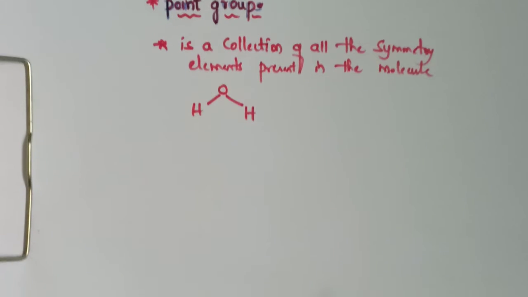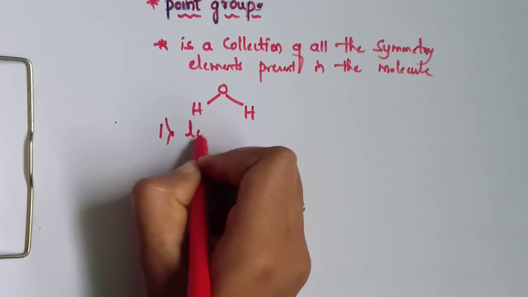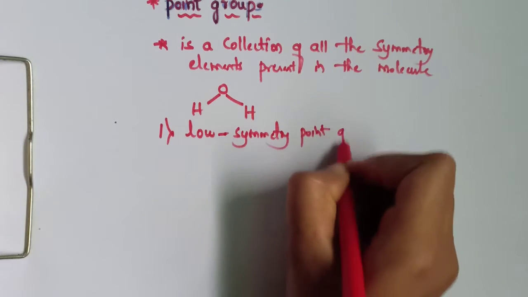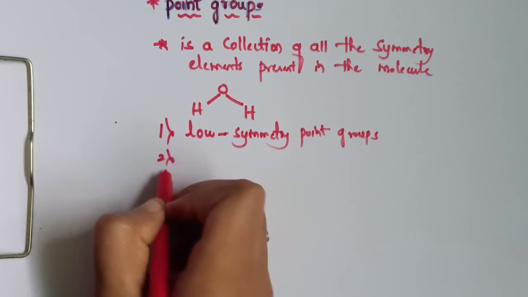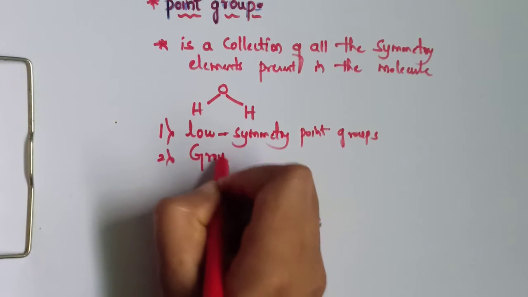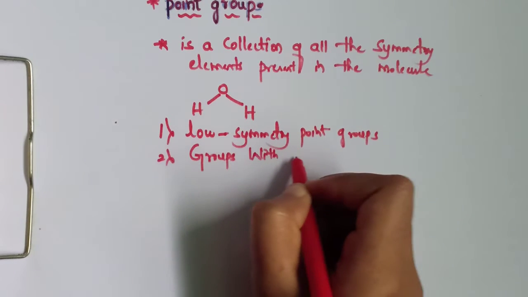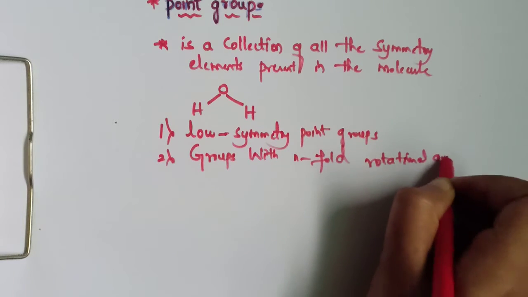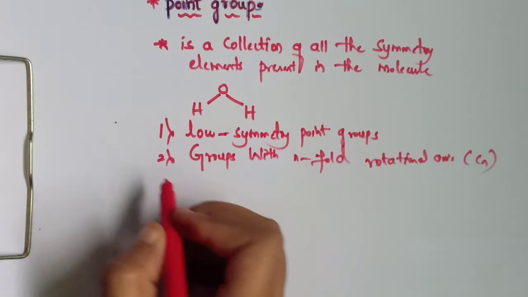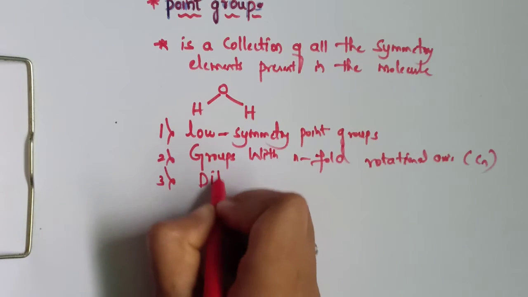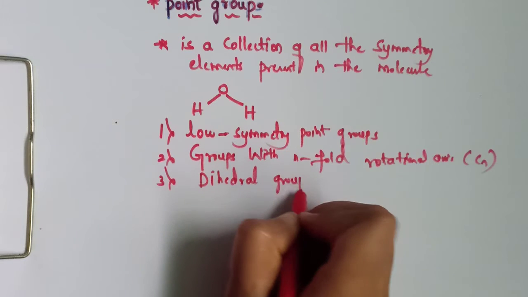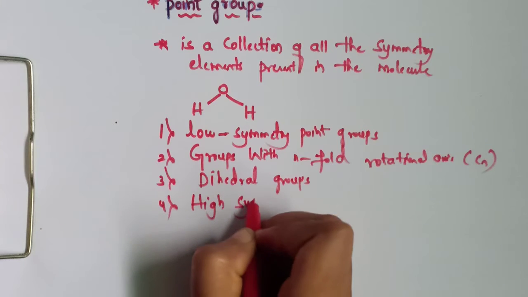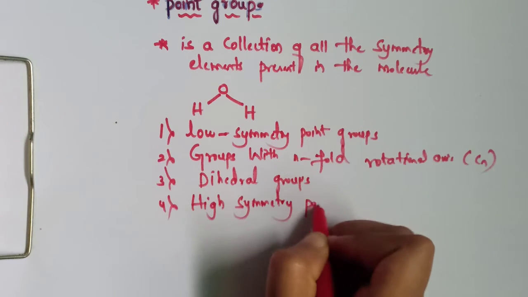The classifications are like this. It is low symmetry point groups, and the second one is groups with n-fold rotational axis Cn, and the third one is dihedral groups, and the fourth one is high symmetry point groups.